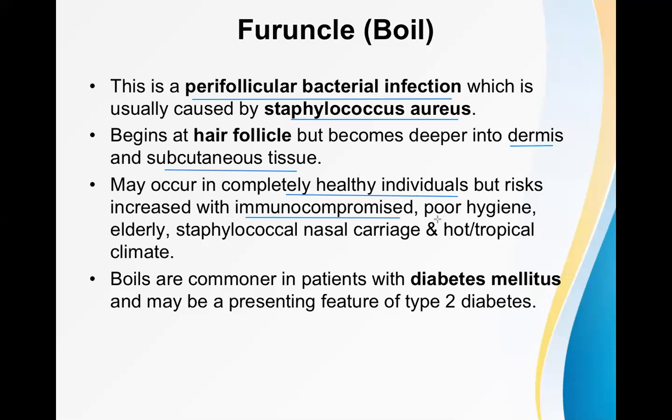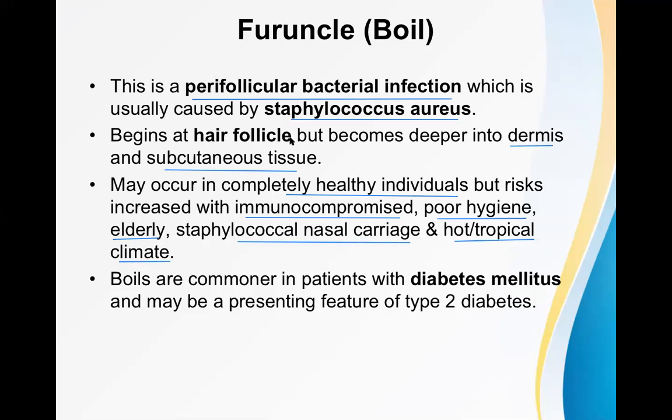The person may be having poor hygiene. Elderly people are also immunocompromised. Some people carry a lot of staphylococcus in their nose, and people from hot and tropical climates sweat a lot. All of these can be risk factors for repeated furuncles or furunculosis.